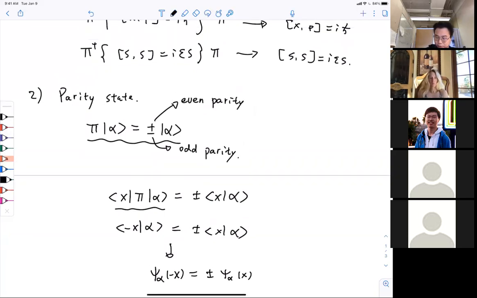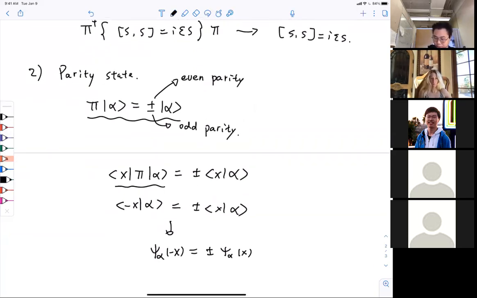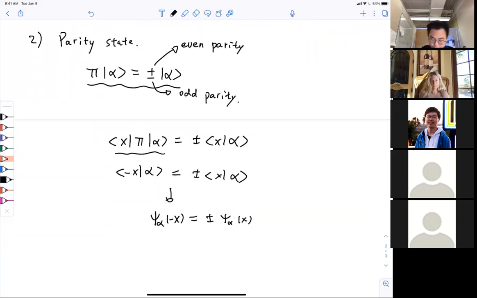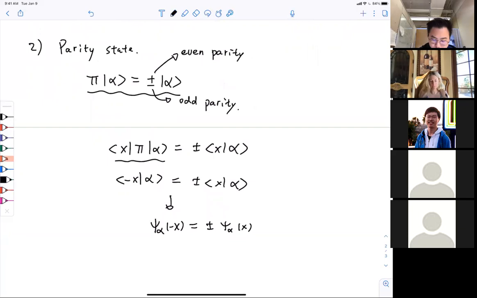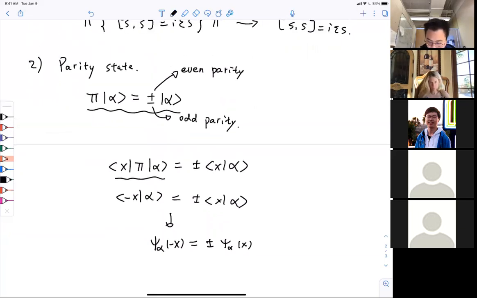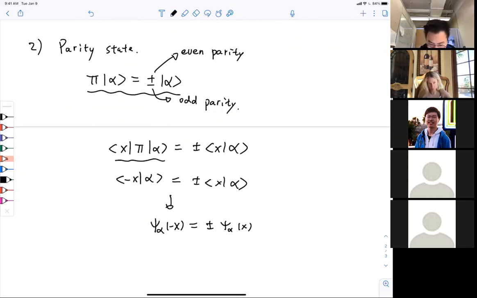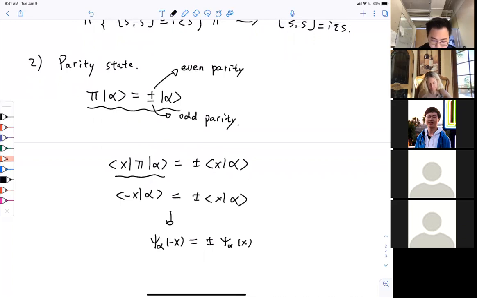So the even parity state and odd parity state correspond to an even function or odd function of your wave function. It's very obvious, I would say. Another thing is that this parity operation together with the identity operator forms a Z2 group, right?